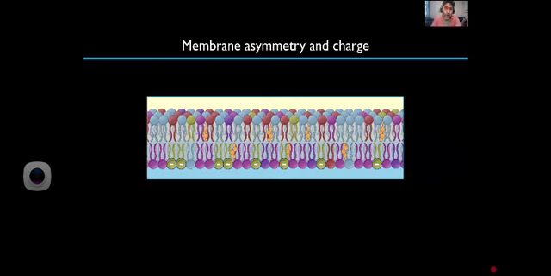And almost all the outer leaflet lipids are zwitterionic, which means we don't have really a lot of charged lipids on the outer leaflet. Charged lipids such as phosphatidylserine and phosphatidylinositol, phosphatidic acid, these are all in the inner leaflet, almost exclusively.